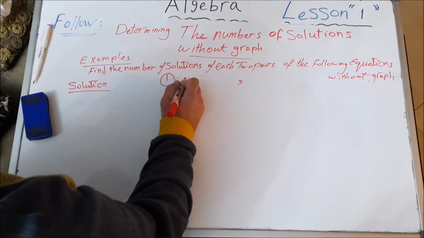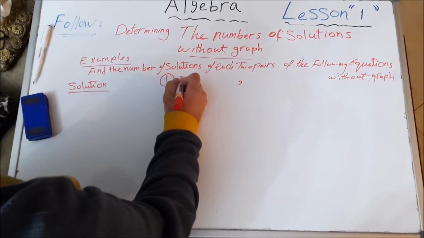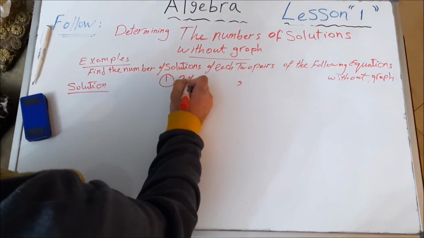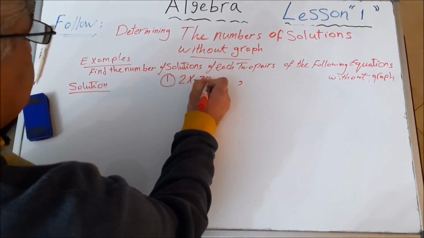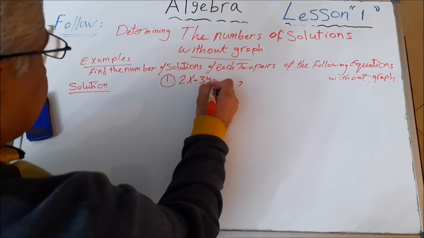Example number 3. First equation is 2x minus 3y equal 6.